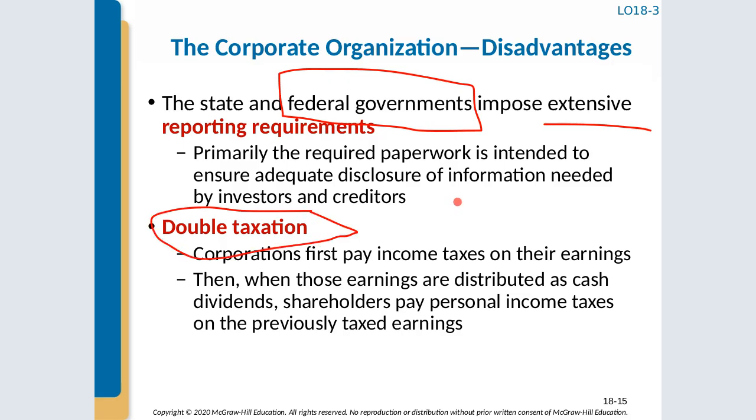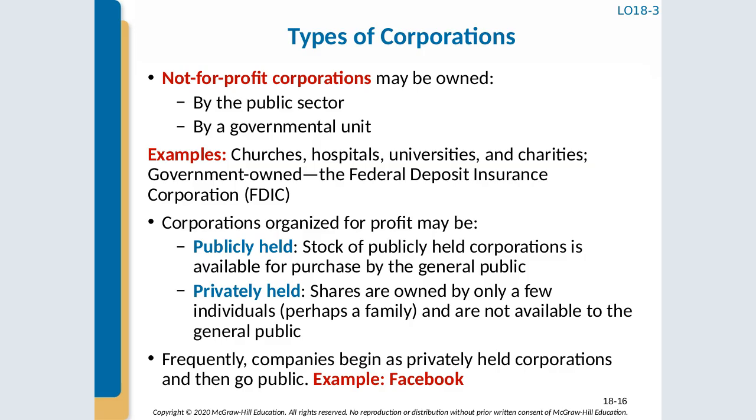So the shareholders are taxed on the dividends that they receive from the corporation, and the corporation is also taxed on taxable income. So the dividends are distributed to shareholders after tax, and then the shareholders are taxed again. So that's the double taxation. If you ever hear about corporations double taxation, that's what they're talking about.